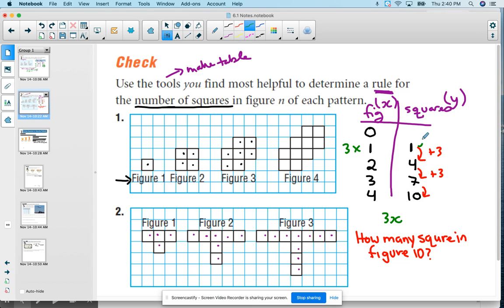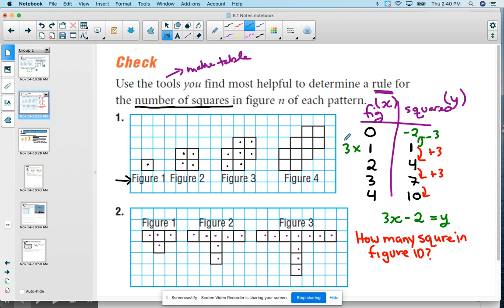If we're going up by 3s, to figure out your constant, go back 3. So 1 minus 3 should give you negative 2. So this is going to tell us our constant. So 3x minus 2 is equal to y. Okay, so there is our equation, aka our rule for this pattern.